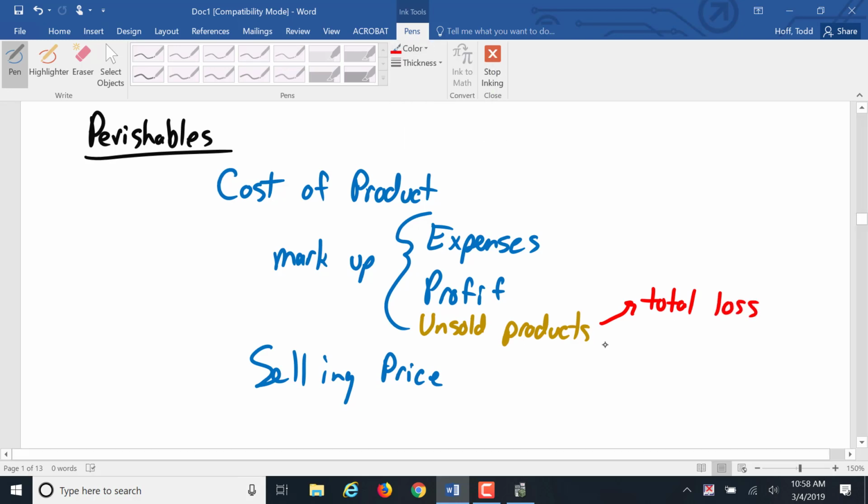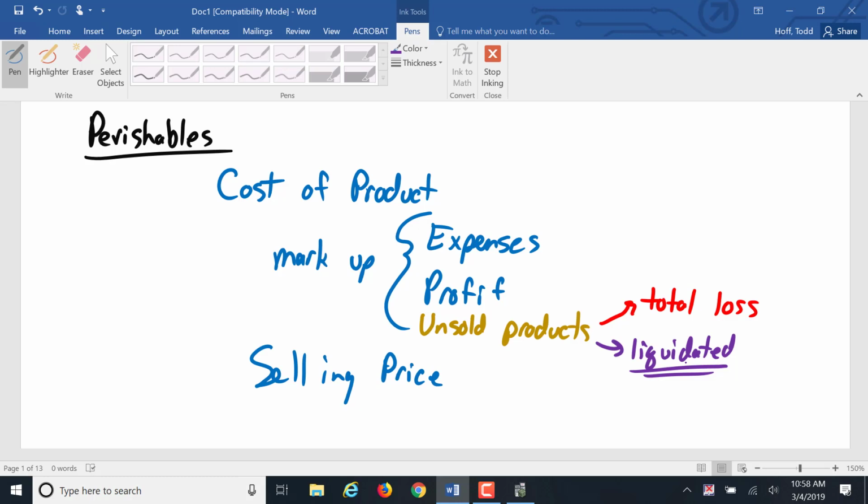In reality, there are many times where they can be liquidated, closed out, for some sort of very minimal amount. If it's food, it might be able to sell like a day-old bakery, sells it extremely cheap. Or even for other applications, I know hunters buy expired baked goods and stuff like that for feeding animals.